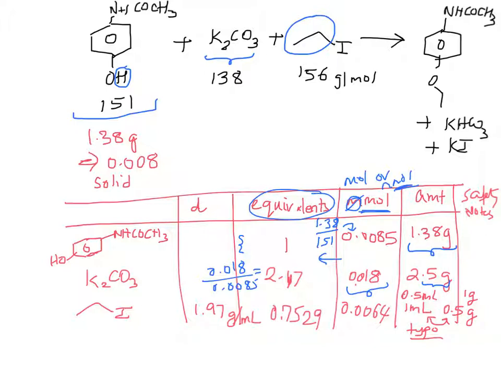The book also tells you that you would add 0.5 grams of the material or 1 milliliter of the ethyl iodide. There is a typo in here, not a calculation error, but rather a typo. Recognize that that cannot be true, because the density that they have given for ethyl iodide is 1.97 grams per milliliter.